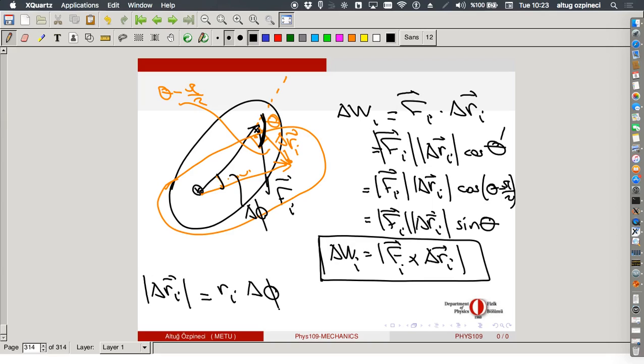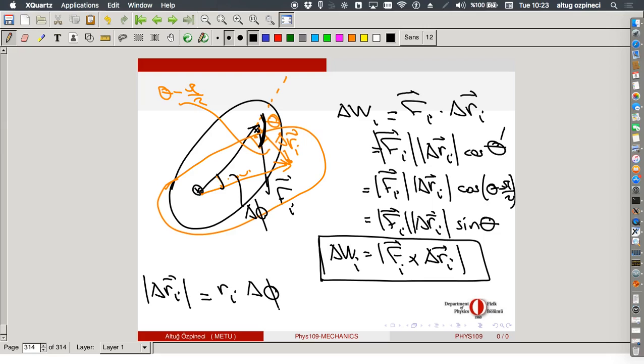Now, delta Ri will be different for different forces or at different points. I want to relate it to something that is the same for all the objects. So this delta Ri I can always write as Ri times delta phi, because initially this was my position vector, and finally this is my position vector.